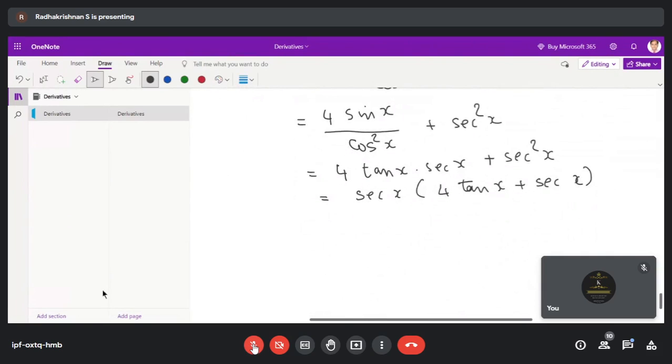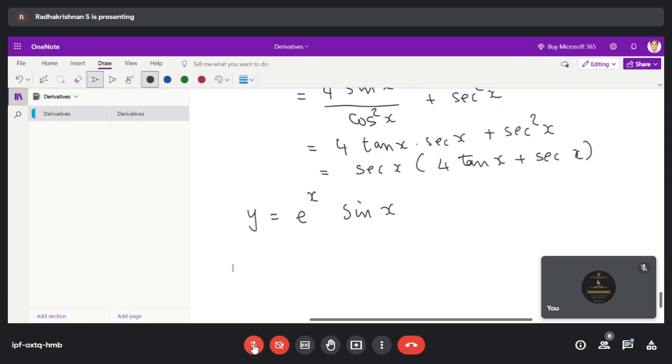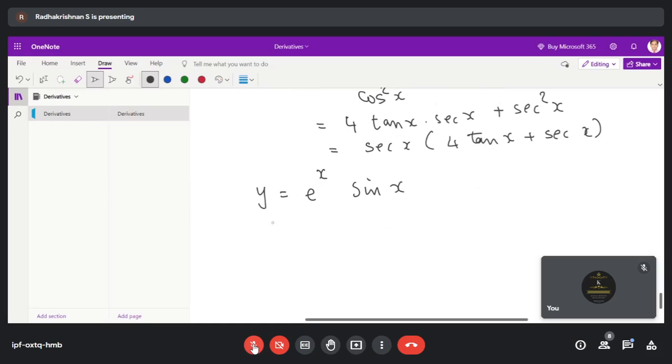So let's go. e power x into sin x. e power x into cos x. e power x into the derivative of sin x, cos x, plus sin x into the derivative of e power x.